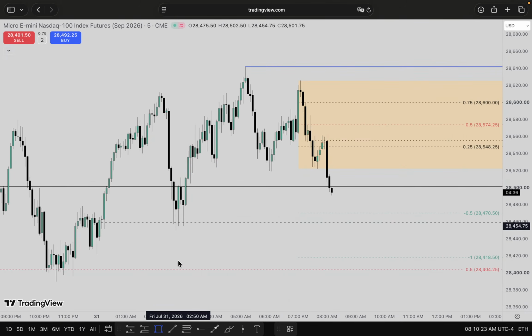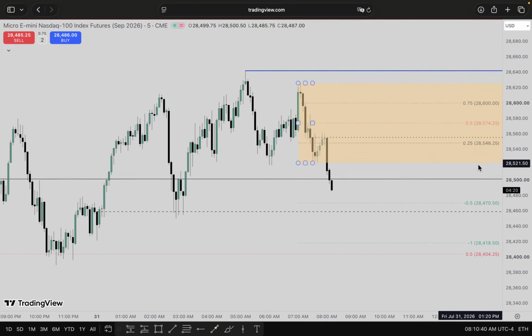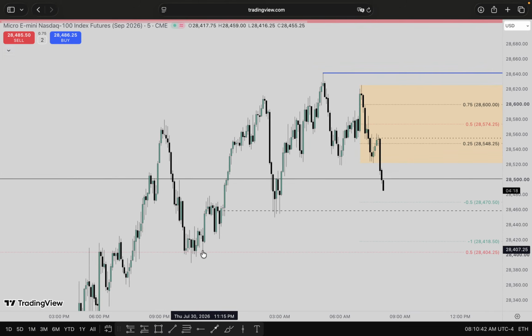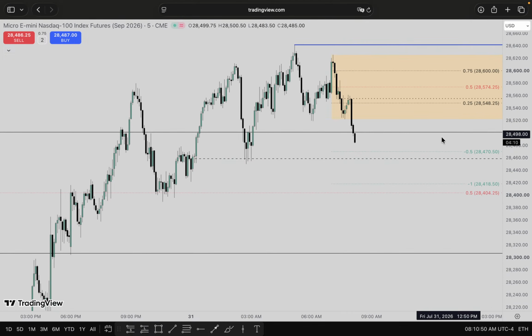Let's see. Got this gap. At this point, probably just wait till 8:30 opens up and then see if we get some type of push to the upside. Because we might just be trying to come down for these lows, maybe even reach equilibrium of this new week opening gap before we decide to push up higher.